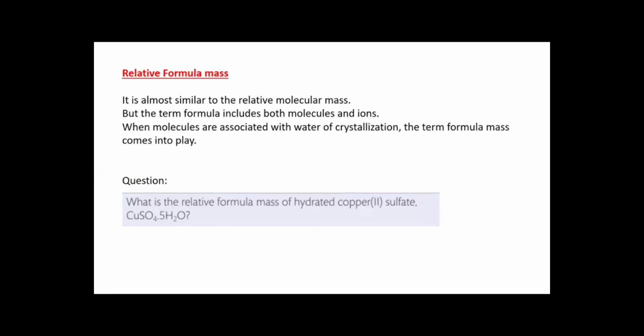Yashmi, tell me. 249.6. 249.6. You, Kiara, also? Can I also say. Say, okay. So actually, I also got it as 249.6. Right? Maybe some error in your calculation, right?